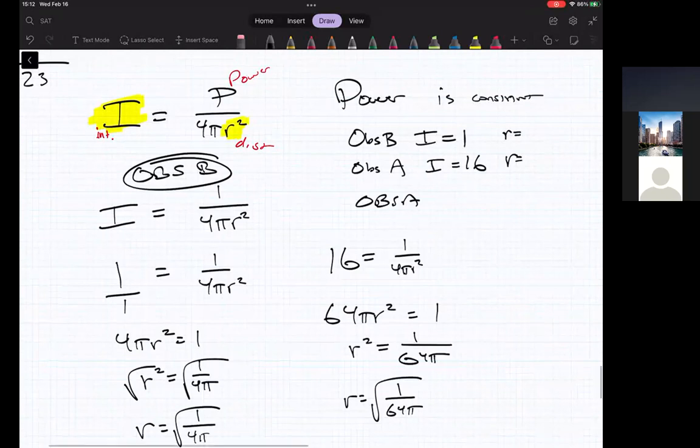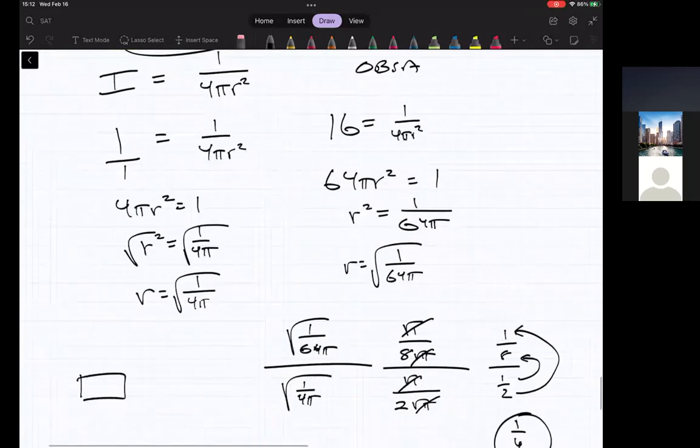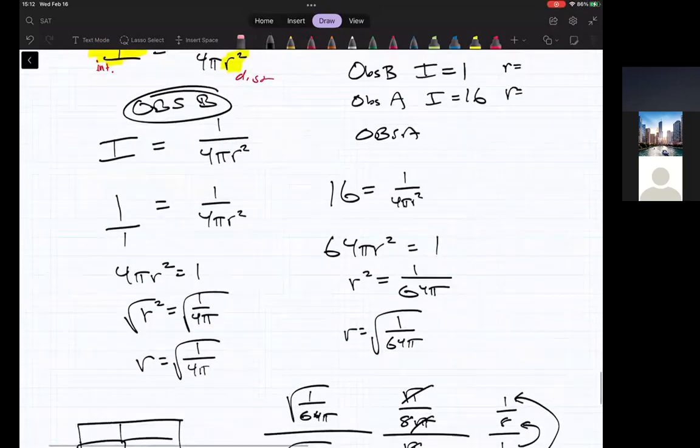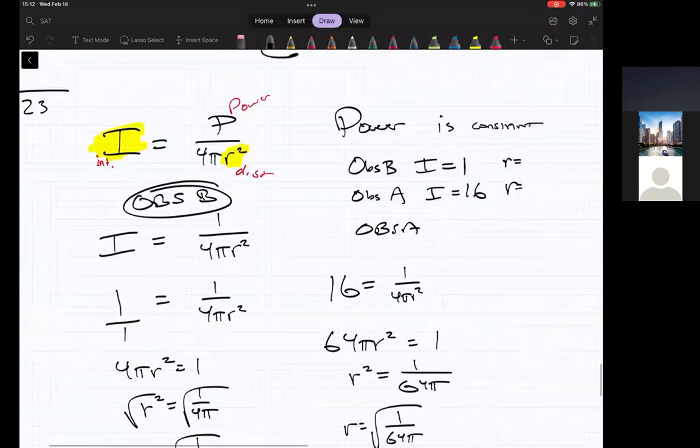So again, what would happen if I took a box and I doubled its length on each side? Well, then all of a sudden I have 4 times as much. So if the intensity is 16 times as much, then R is going to be 4 times or 1/4 as much in that situation. Okay, so that's how you want to calculate that one. If you want to be quick, that's how I would do that one.